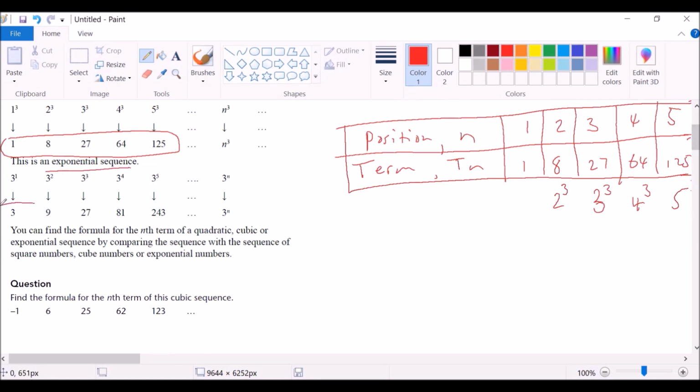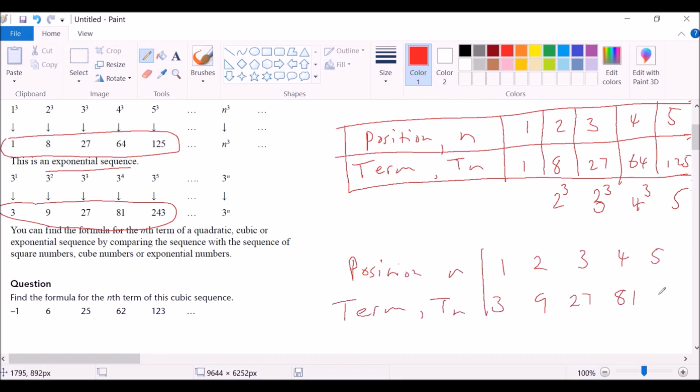Another sequence we will look at is the exponential sequence. Let's look at this sequence here. Our position and our term Tn. We have 243.